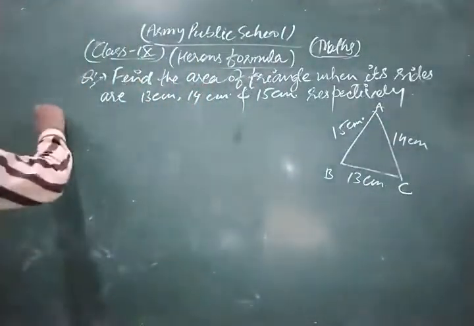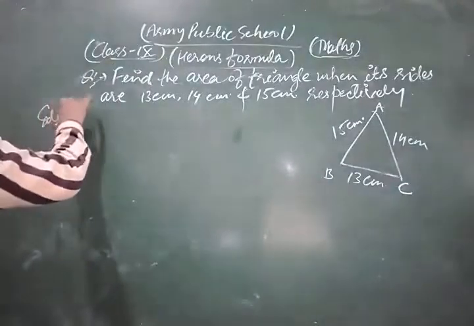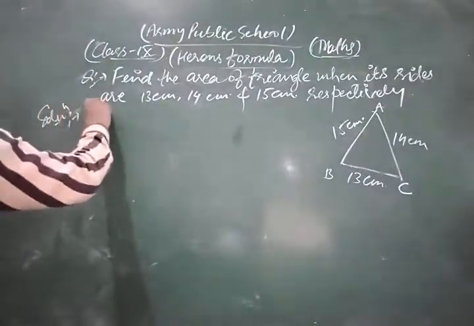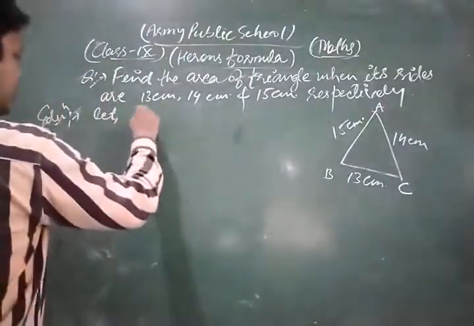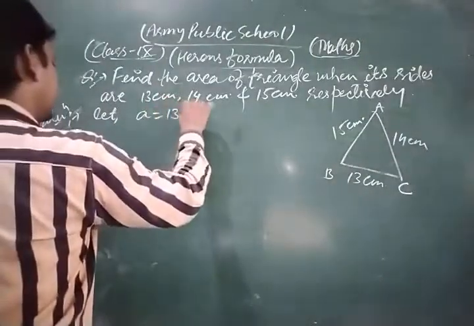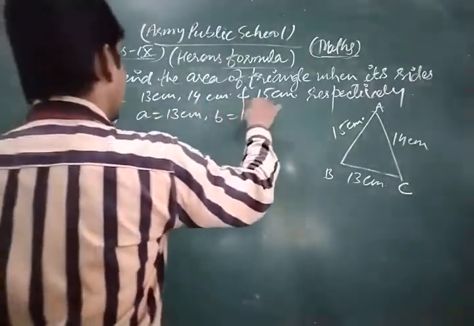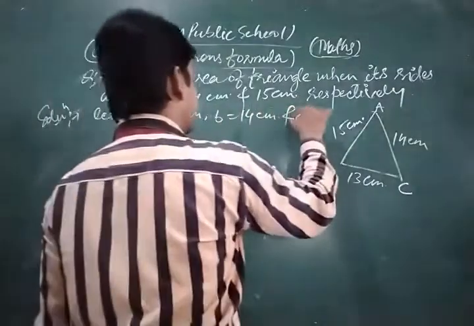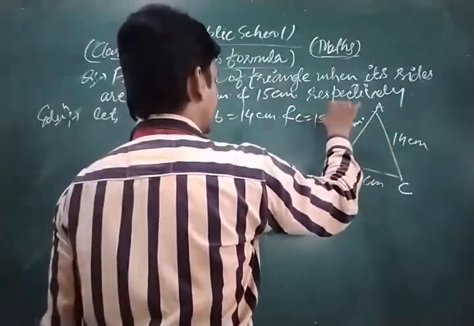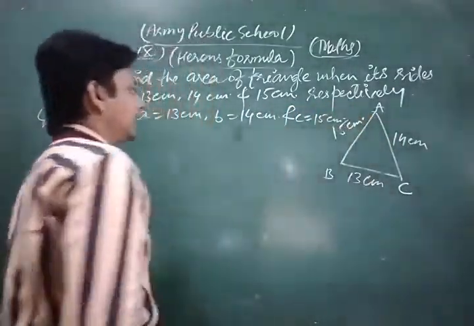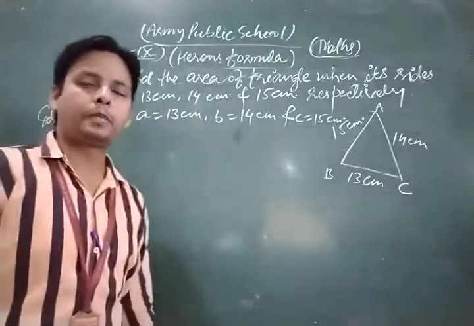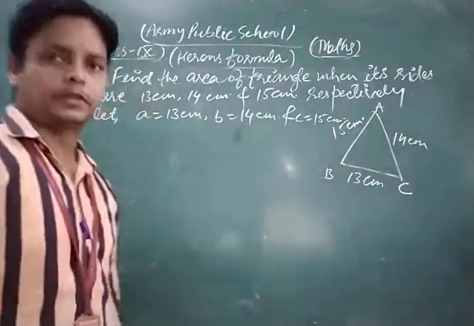So let's see its solution. First of all, let us take the first side as 13 centimeter, the second as 14 centimeter, and the third side as 15 centimeter respectively.